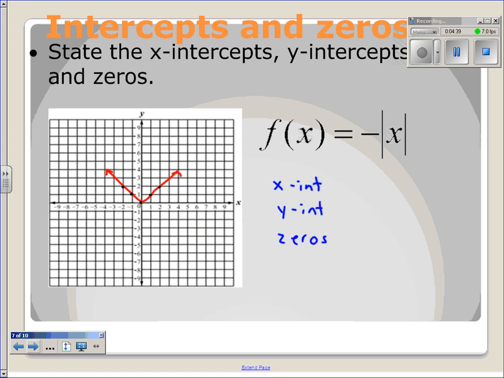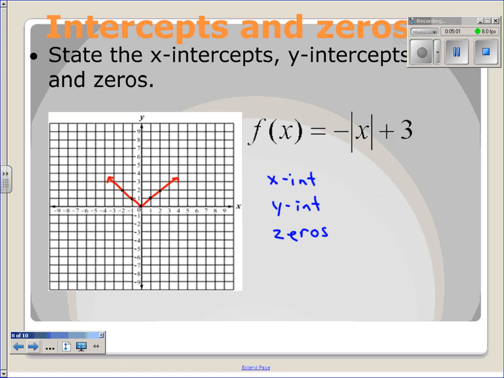Negative absolute value of x, so it's reflecting over the x-axis. Where does it touch the x-axis? 0, 0. Where does it cross the y-axis? 0, 0. And my zero is 0. Now, negative absolute value of x, so we're going to have a reflection over the x-axis, and then up 3 units.